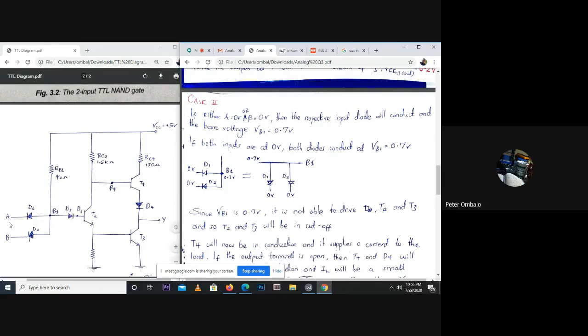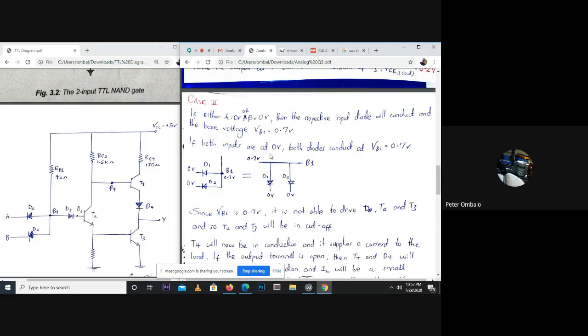So if we have a 0.7 volt drop at D1, and either A or B is held at 0, then VB1 has to be at 0.7 volts, so that after the drop we have 0 volts at either A or B, respective with whichever has been set at 0 volts.